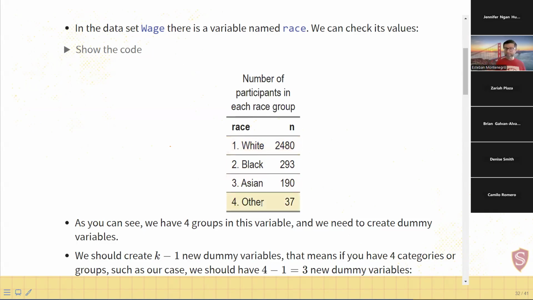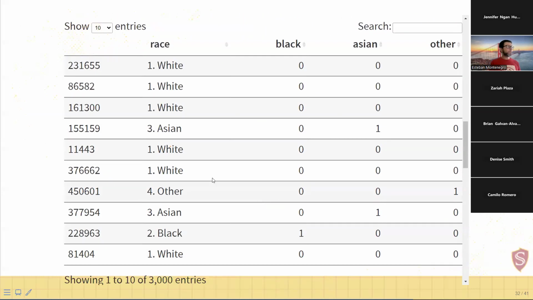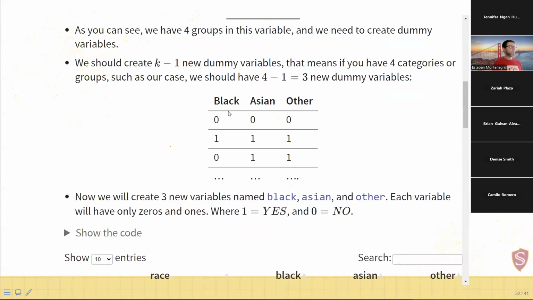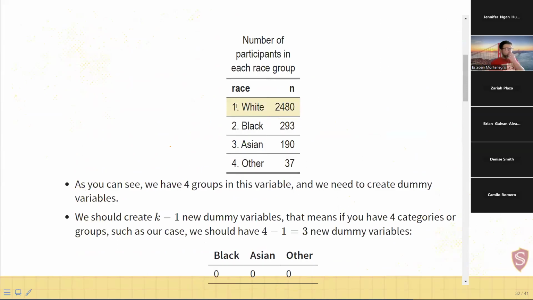We could test if there are mean differences by race. We could see if race is explaining a difference in wage. But we have to do a little mathematical trick in order to do that. If you add this variable as it is right now, the raw variable, the model will understand that this variable is continuous because it goes from 1 to 4.